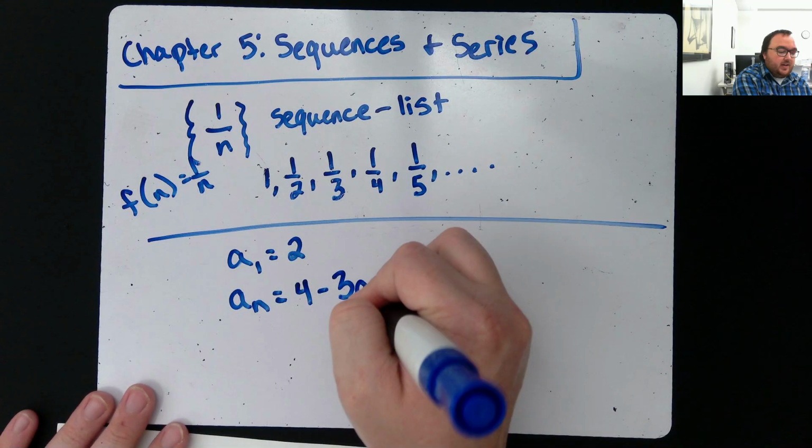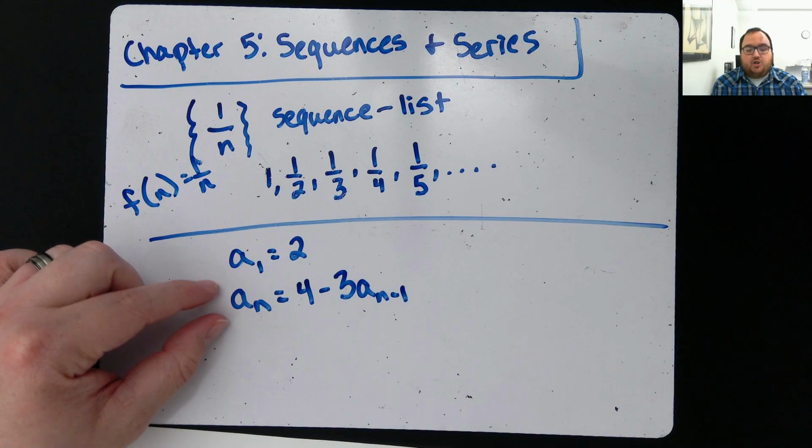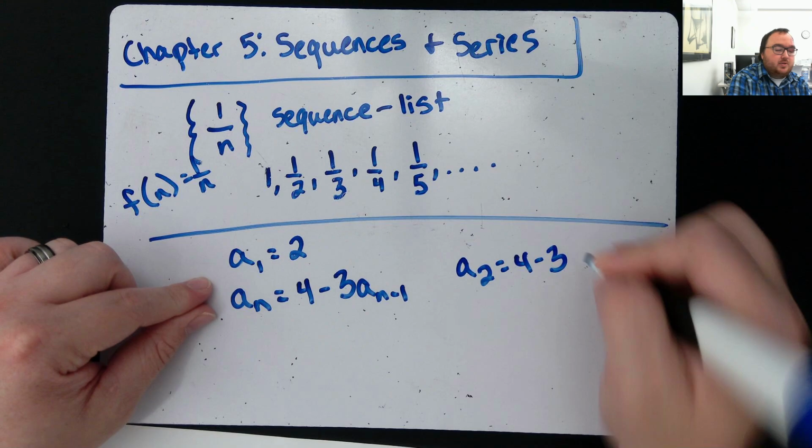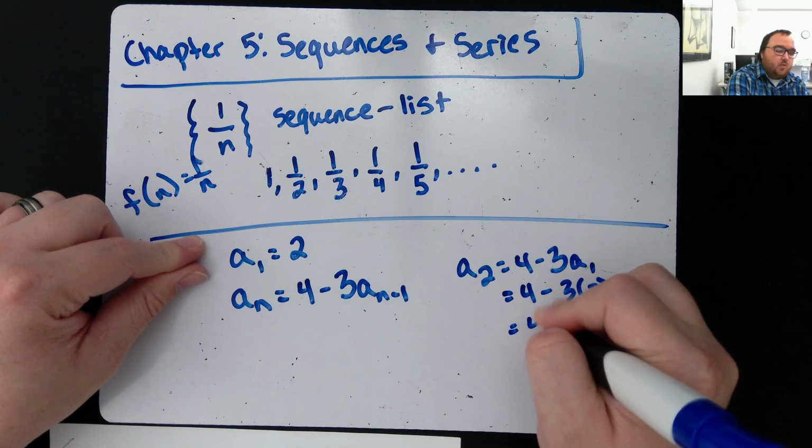So it's stating the first term, and then after that, I'm going to use this formula to get my next term. For a_2, I would do 4 minus 3 times the previous term, which would be a_1. They give me that, so this is 4 minus 3 times 2, which is 4 minus 6, so negative 2.